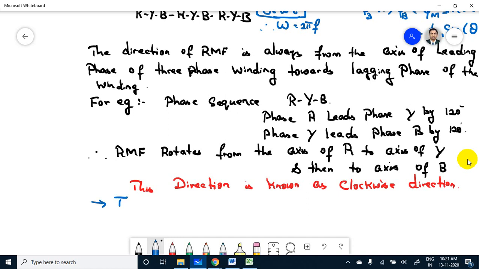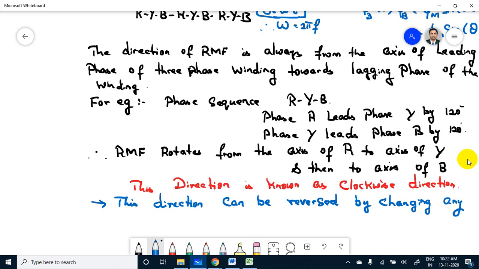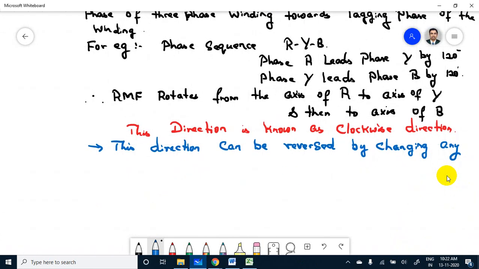Okay, this direction, that is clockwise direction, can be reversed. How to reverse this direction? By changing any two terminals of three-phase winding.